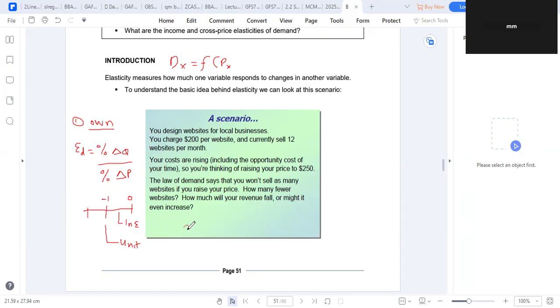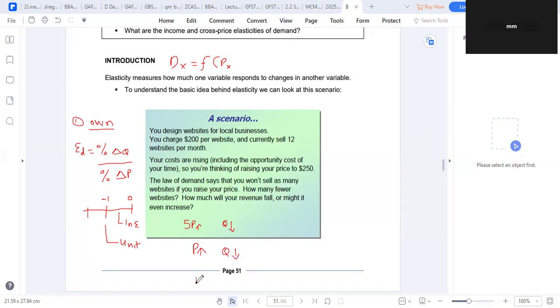Let me start with inelastic demand. Ideally, if you increase price, you are supposed to decrease quantity. That is how the law of demand operates.